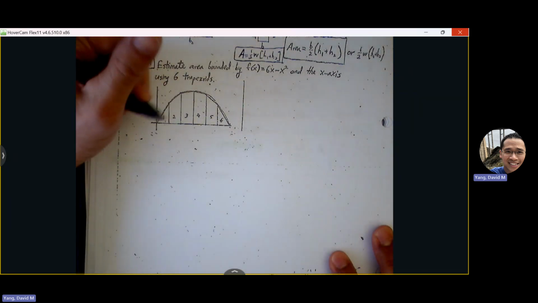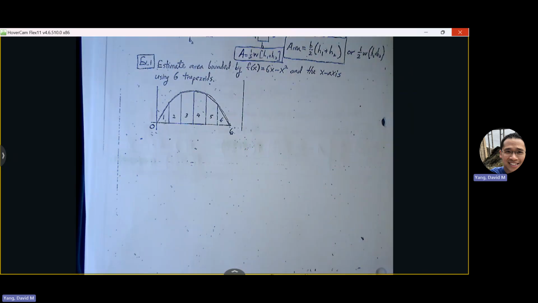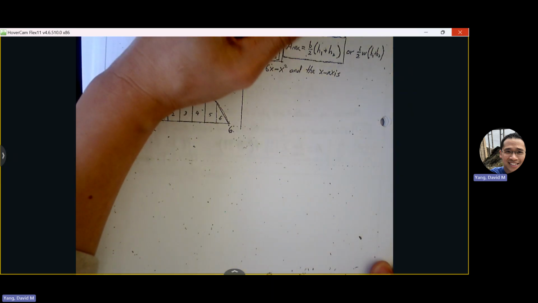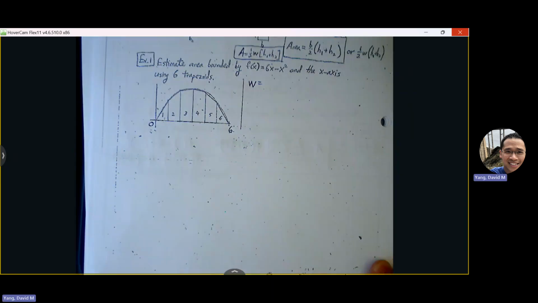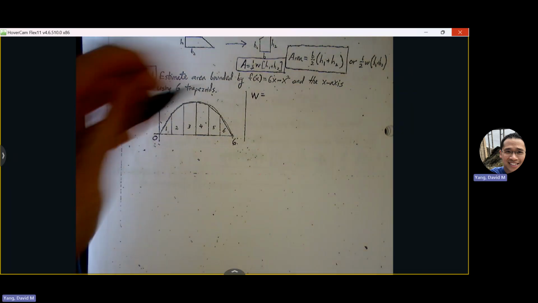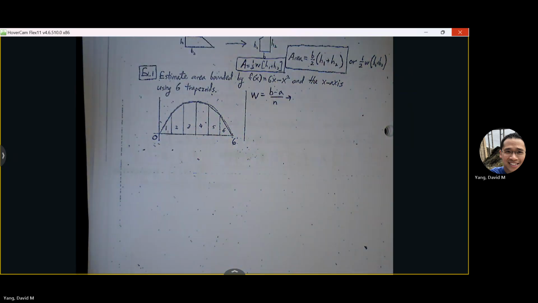So the x-intercepts end up being 0 and 6. The width formula for our interval is going to be b minus a over n. So 6 is my right endpoint, 0 is my left endpoint.